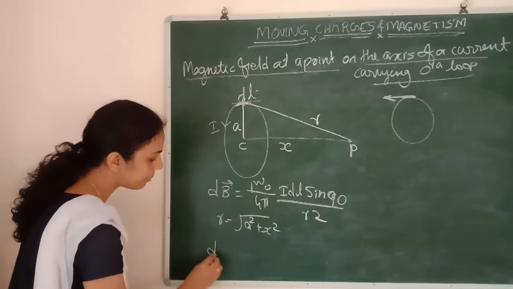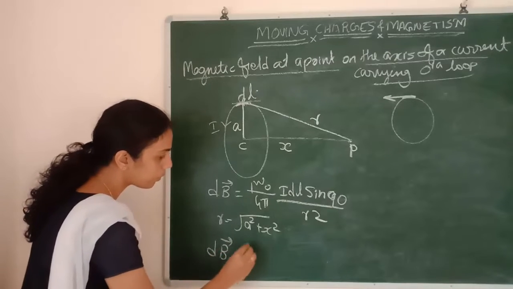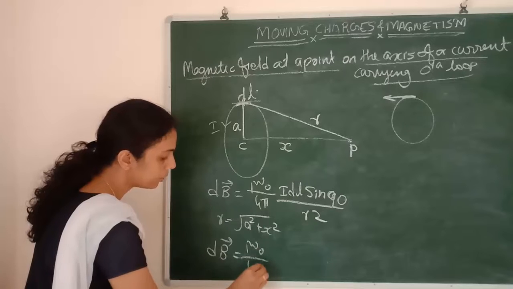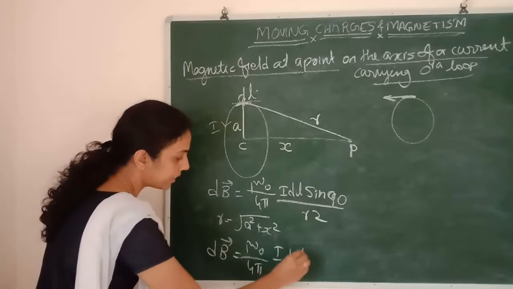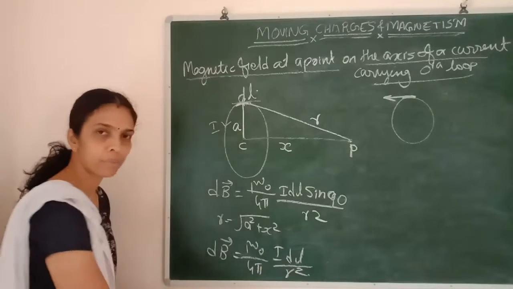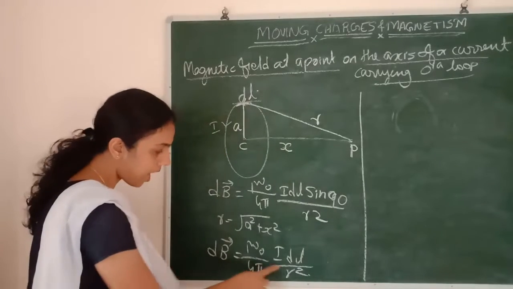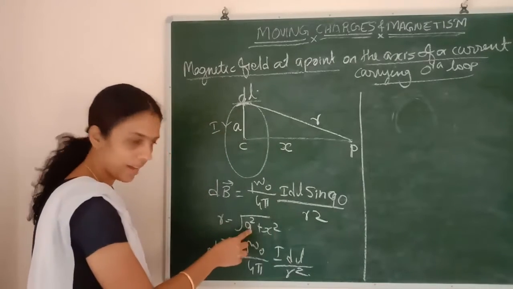So dB equals mu 0 by 4 pi into I dl divided by r square. Now, instead of this r square I can substitute the value.